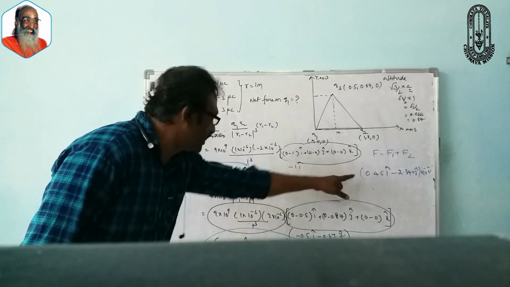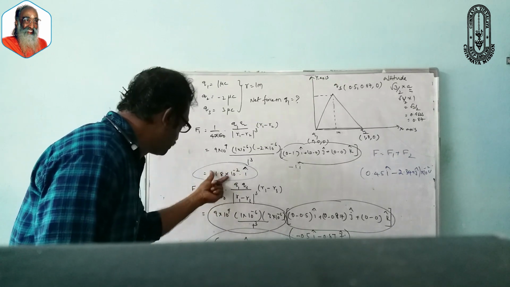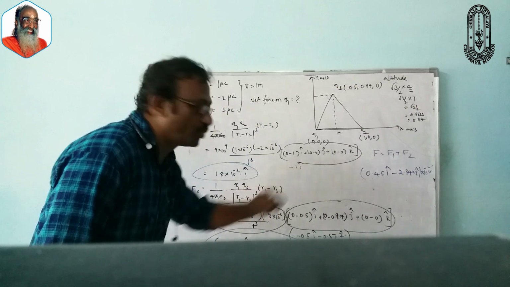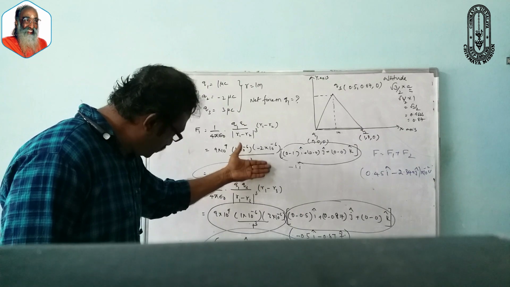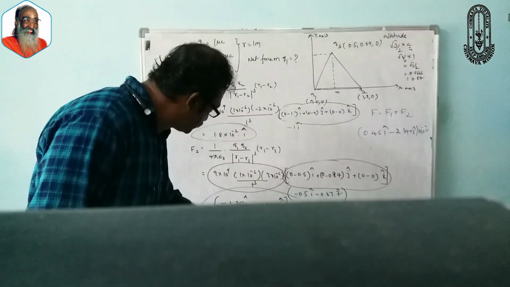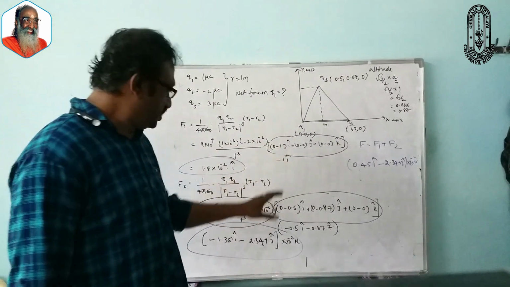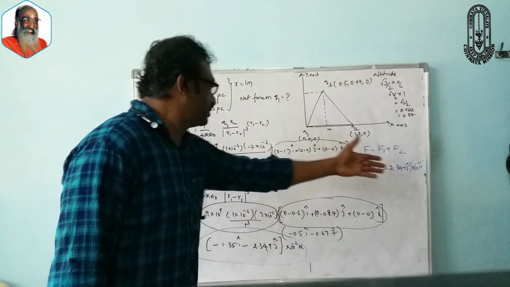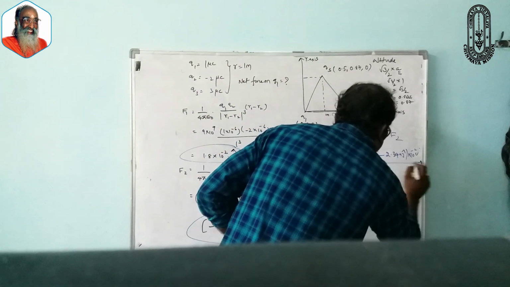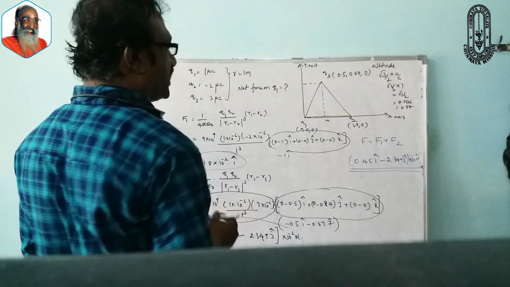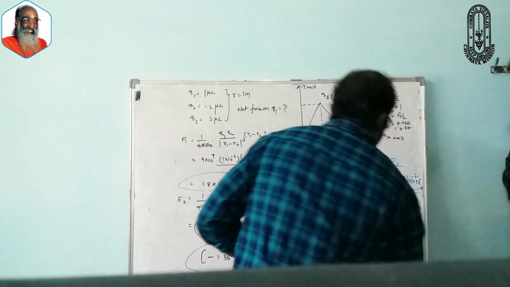We get 1.8 into 10 power minus 2 minus 1.35 into 10 power minus 2, it is 1.8 minus 1.35, it is 0.45 I cap, and here there is no j cap, so 0 j cap minus 2.349, that is minus 2.349 j cap, and no k cap here, so no need to mention that. So now you have the vector as 0.45 I cap and 2.349 j cap into 10 power minus 2 Newton. That's the final answer.